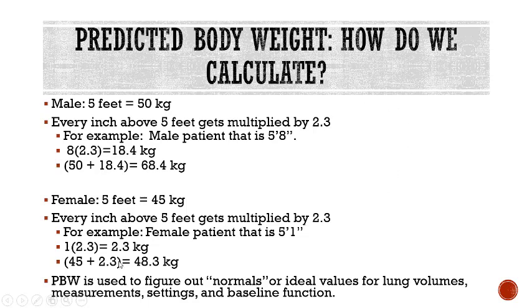So the predicted body weight is a tool that we use to figure out normals or ideal values for lung volumes measurements, settings for your ventilator, baseline function. So if you know the size of someone's lung based on their height, it allows you to calculate what their volume should be for something. So it helps you to determine how far off of baseline a patient is. And I'm going to show you a couple ways that we're going to apply this.